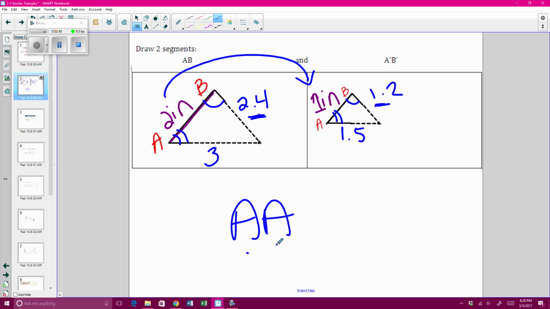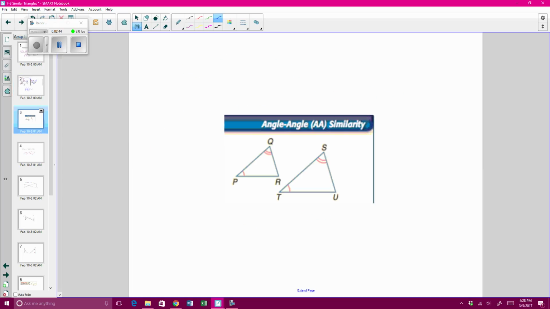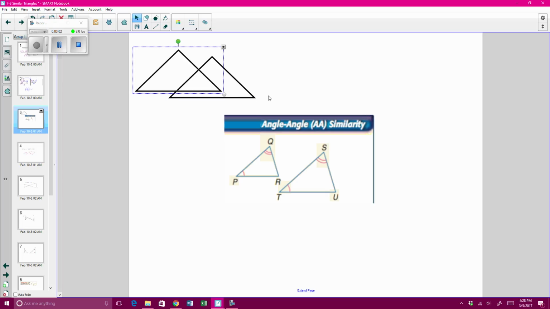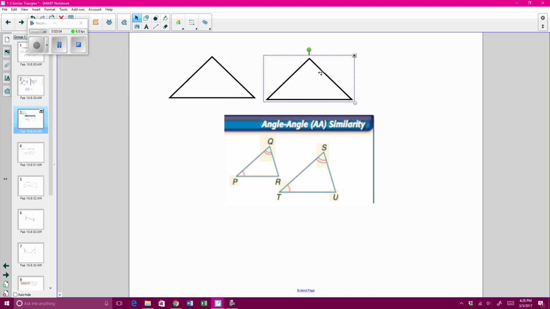And then we're just going to use this little squiggly that says similarity. So there's the angle, angle similarity statement. Essentially all it's saying is that if you had 2 triangles, let's just make this guy, maybe we'll make him isosceles, all of the angles match up perfectly.